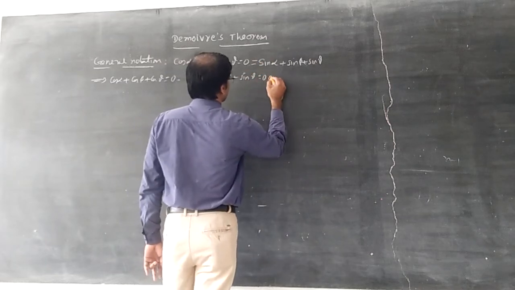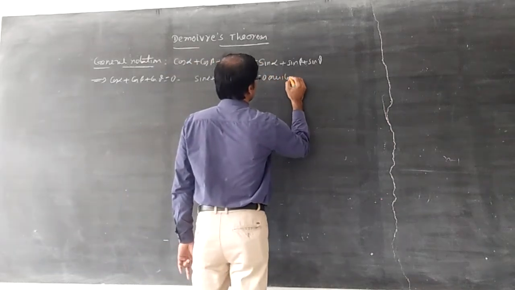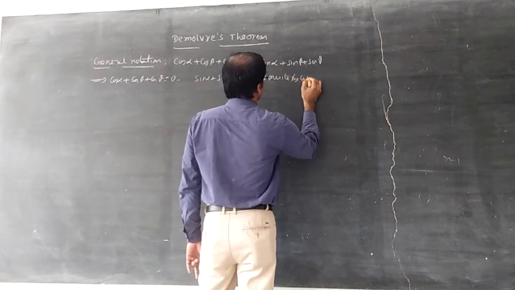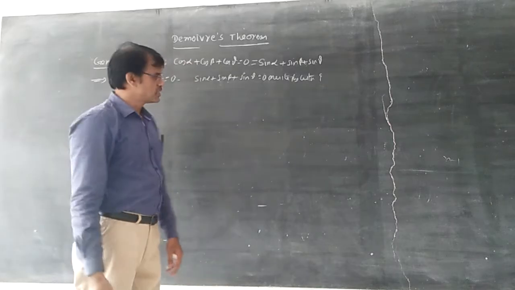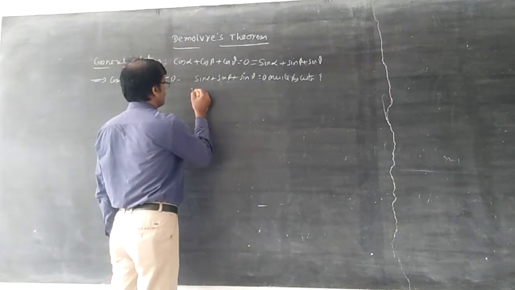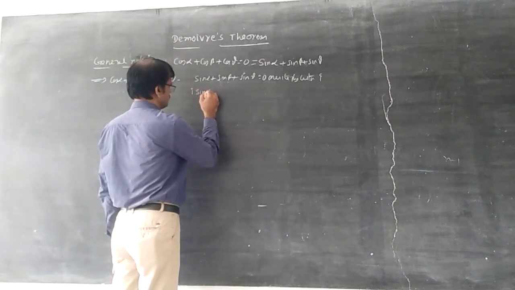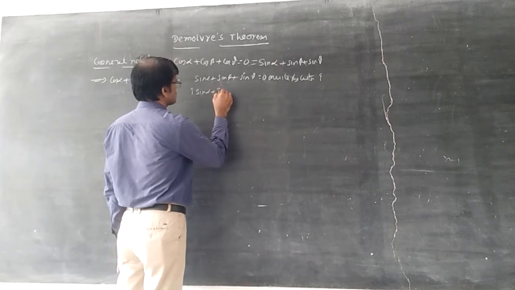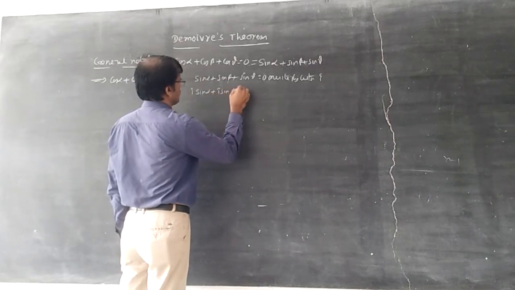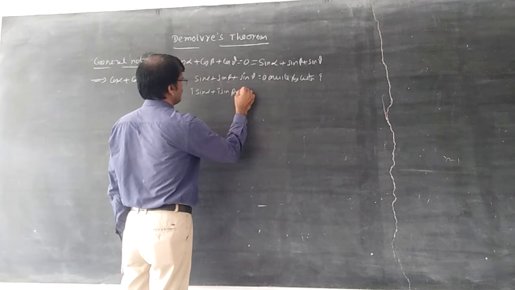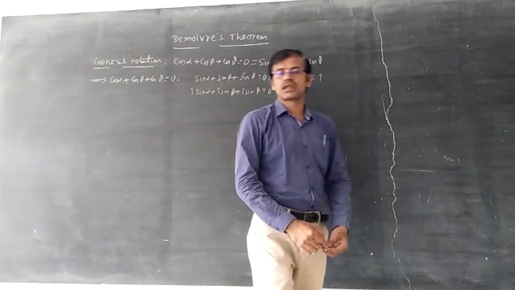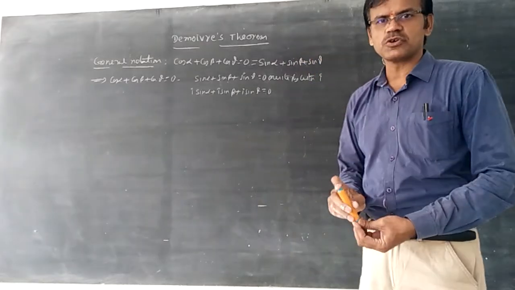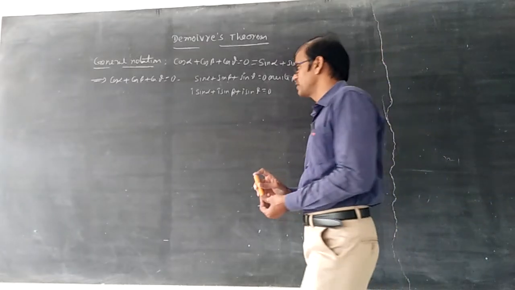Now multiply with i. Multiplying the second equation, i sin alpha plus i sin beta plus i sin gamma is equal to i into 0, which is 0.